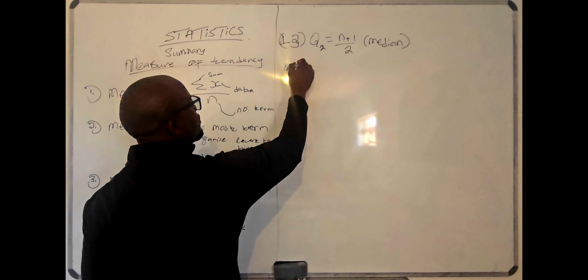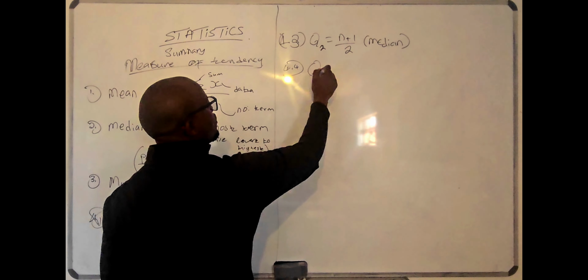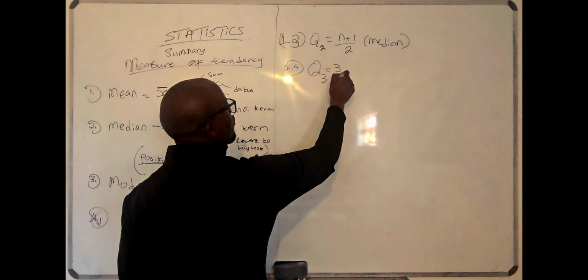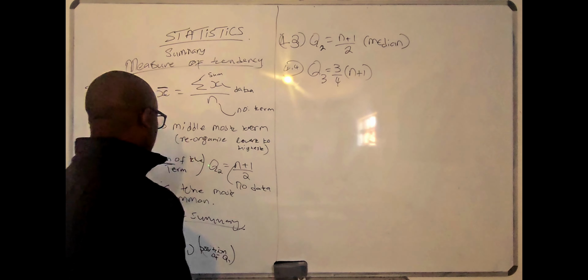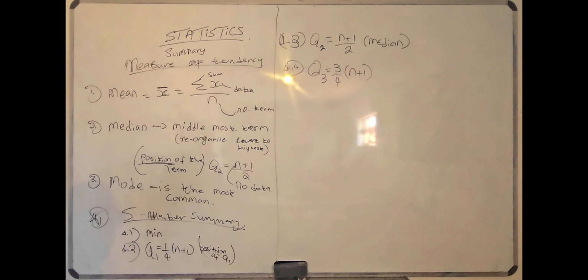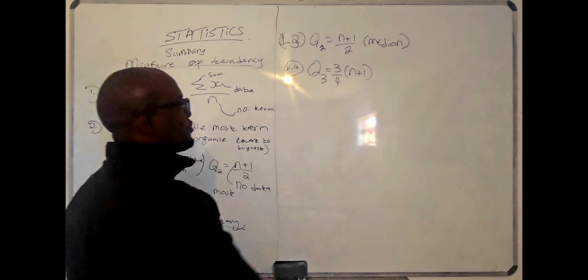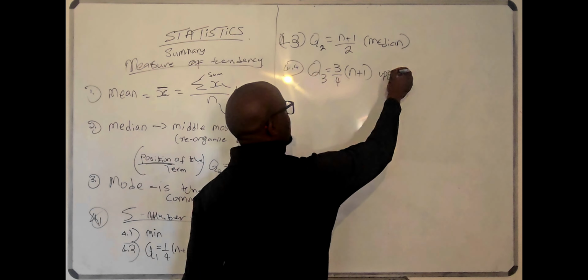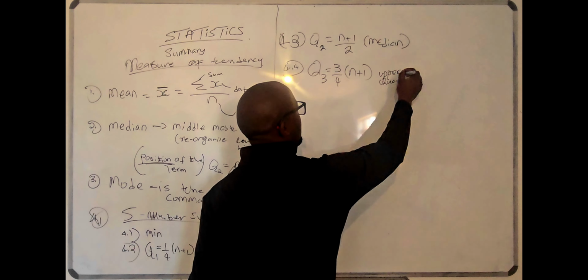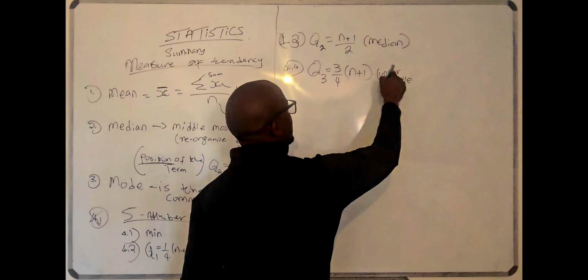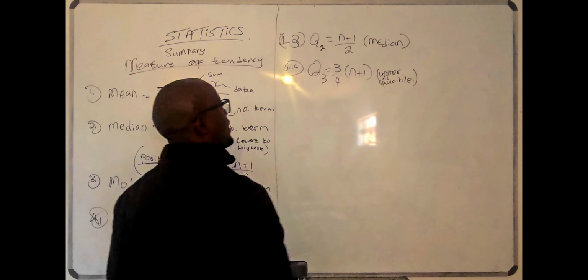And then 4.4, we have Q3, which is given by 3 over 4 times n plus 1. Q3 is the upper quartile. That's the position.